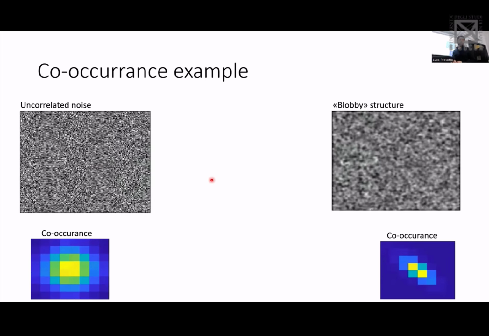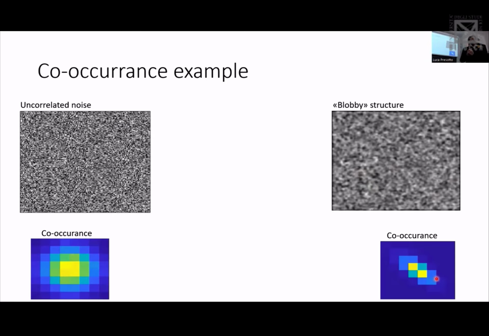So we can see what happens when you compute the co-occurrence matrix on uncorrelated noise. We get this. This is the co-occurrence matrix. While if you have a blobby structure, we can see a very definite pattern, because if we have blobs, indeed the most likely intensity next to a pixel is the same intensity.